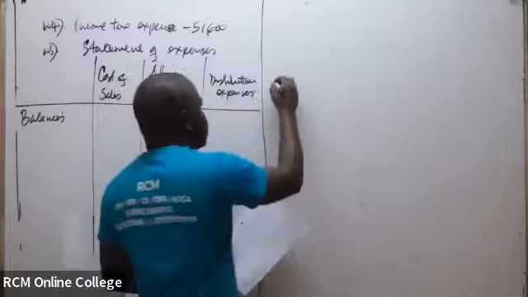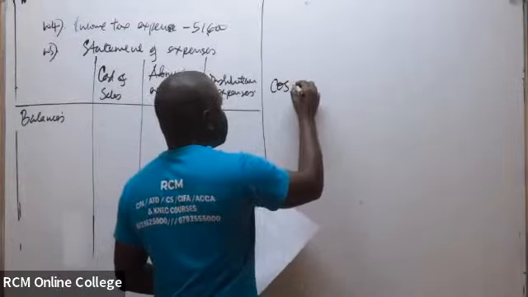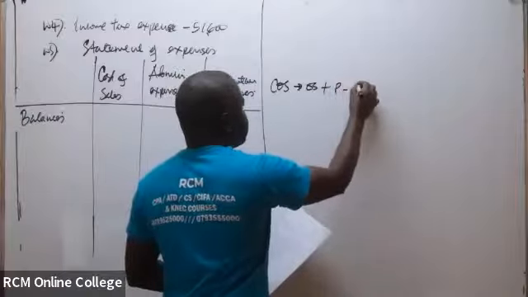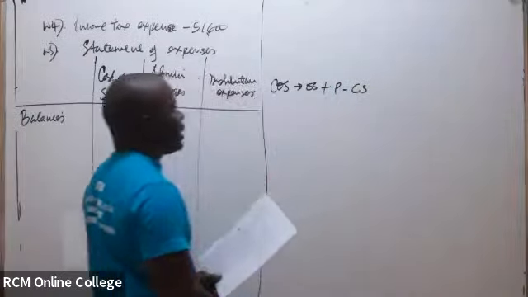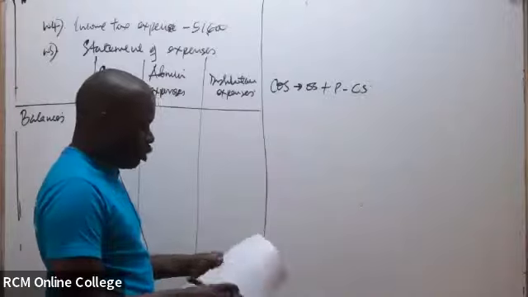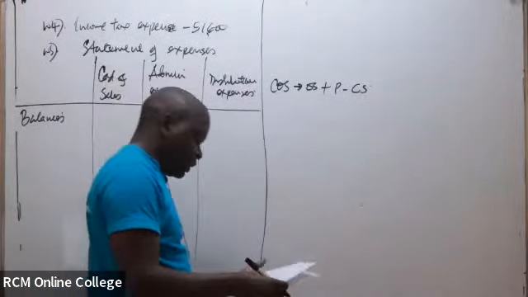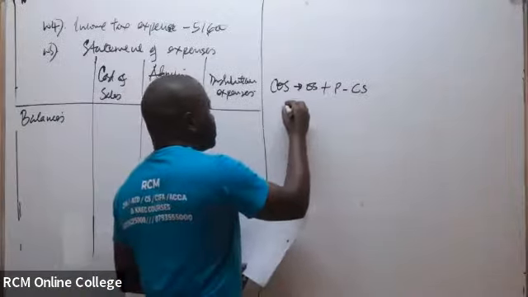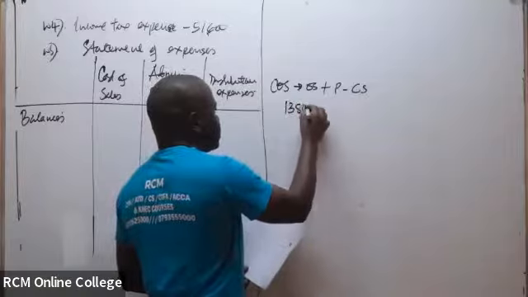So for the cost of sales, we will have the opening stock plus purchases minus the closing stock. The opening inventory is what you can see in the trial balance. It is an amount of 138,000.